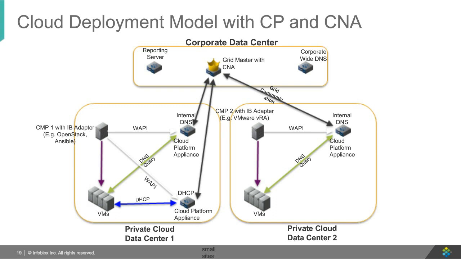Private cloud 1 can have a grid member that will provide authoritative services to that particular private cloud only, and you can have another grid member or CP member providing authoritative services on the other cloud. All these appliances can sync data with the grid master. This makes your entire infrastructure very easy to manage, and provides you complete visibility into your resources.